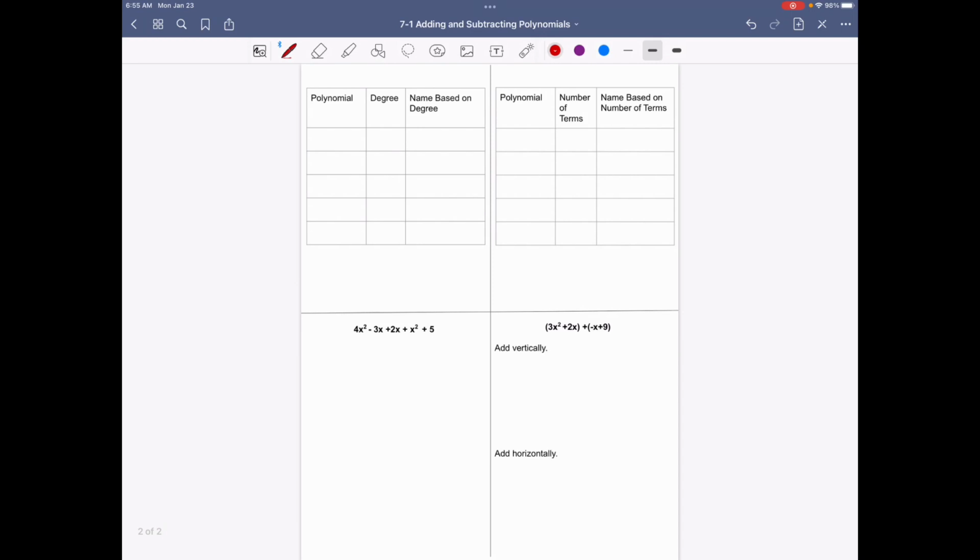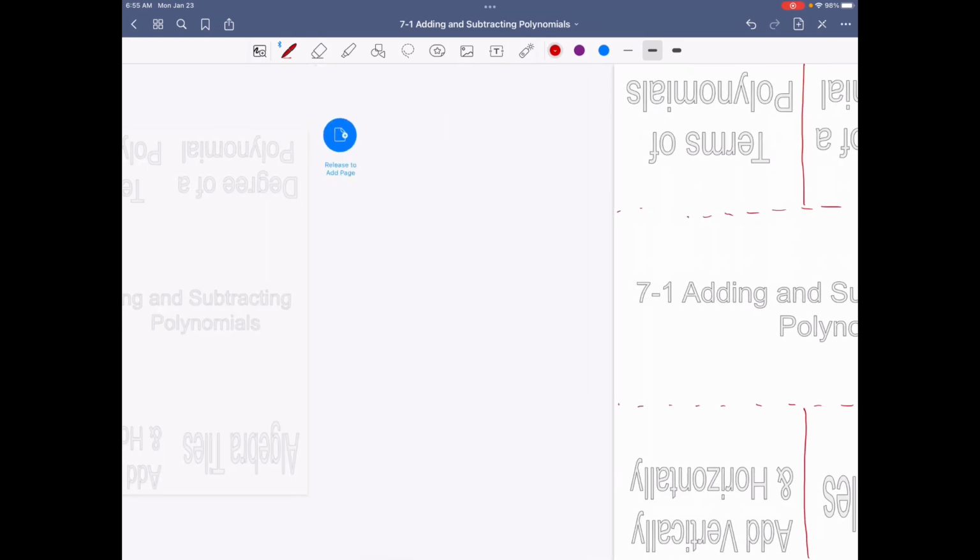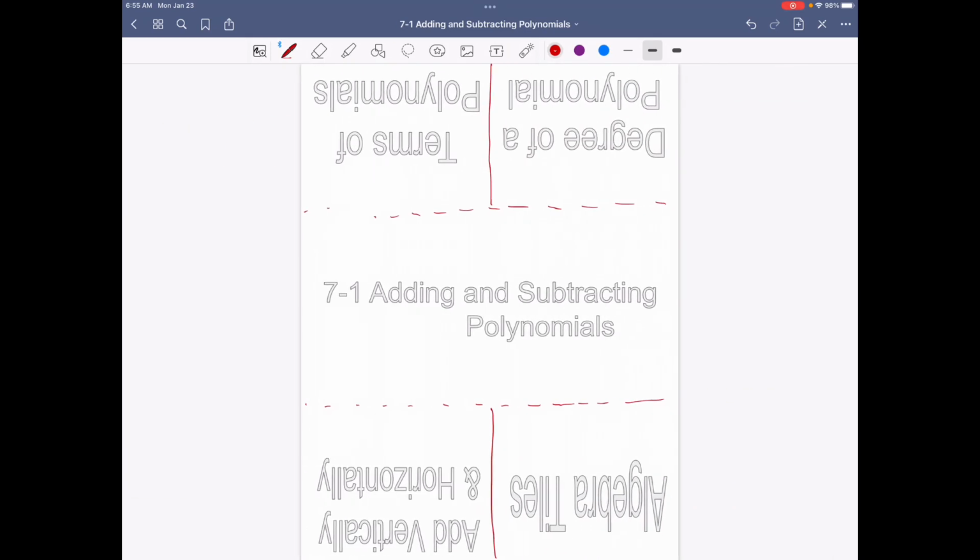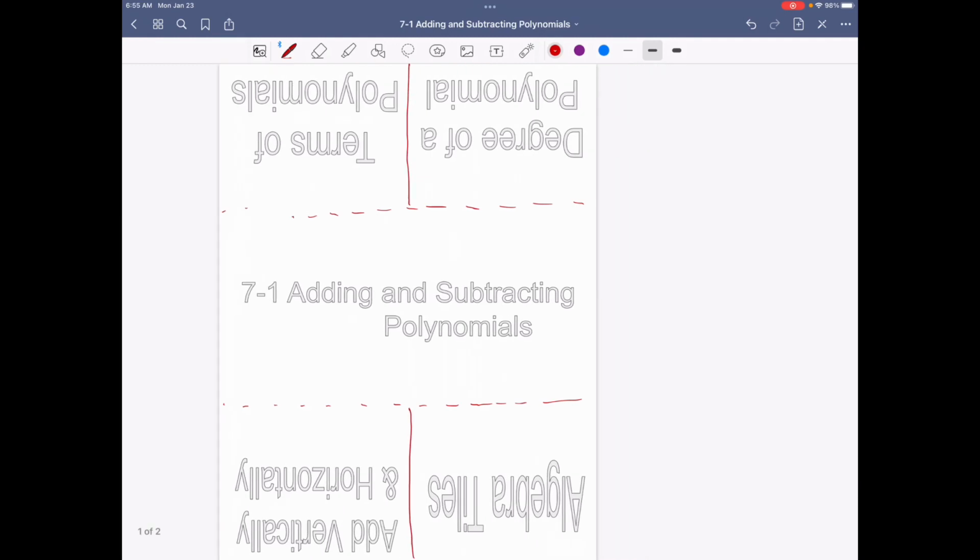All right, so the first thing that we're going to do, on the front page, is the degree of a polynomial.